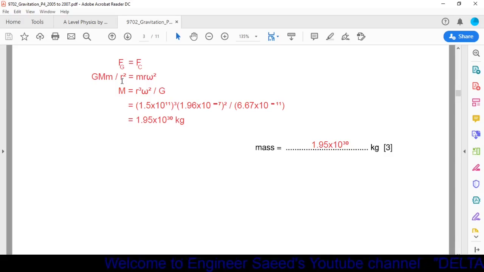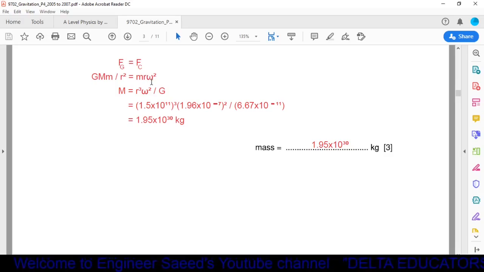So our formula is capital G capital M small m over r square. Now for centripetal force we have taken m r omega square, where this small m is mass of Earth. This r is the separation between Earth and the Sun, and this omega is angular velocity of Earth.